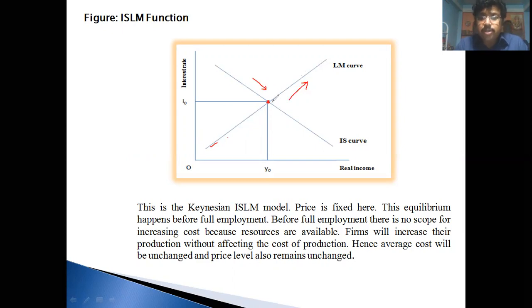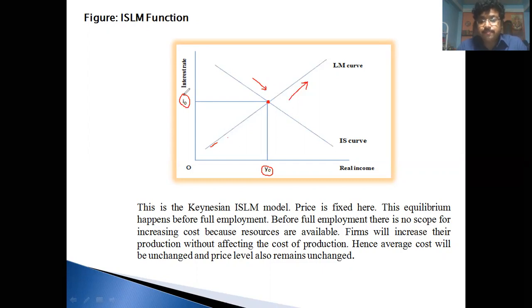So the point of intersection represents the equilibrium in the goods market and the equilibrium in the money market. So the equilibrium real income is Y0 and the equilibrium interest rate is I0. So this is the Keynesian ISLM model.